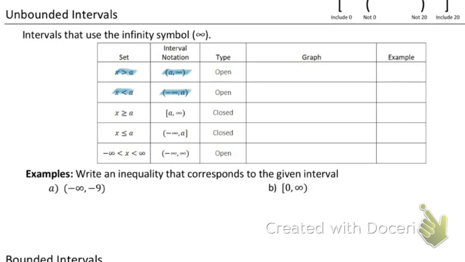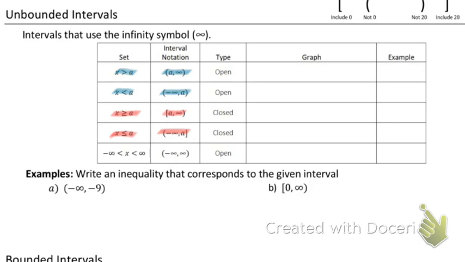The next two sets are x is greater than or equal to a and x is less than or equal to a. These use brackets because they have equal signs. An equal sign lets you know you're using a bracket. And finally, we have basically negative infinity to infinity. That's obviously going to have parentheses because no one knows where infinity starts and no one knows where it ends.